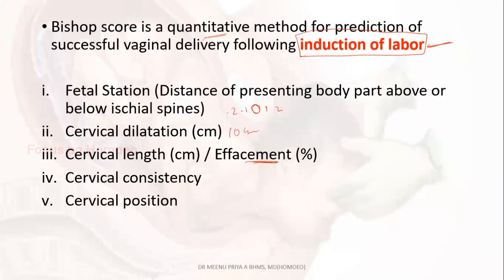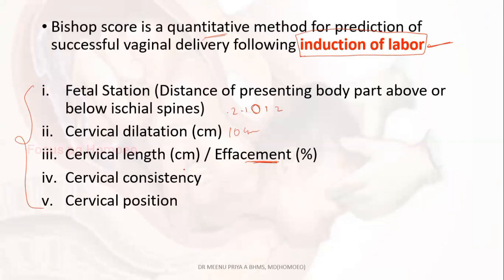There are a few questions which are asked till now. Two scores are important in obstetrics, Apgar and Bishop. Apgar is asked as a calculation, where the question is formed as calculate the Apgar score, whereas in Bishop score, it is the criteria. What are the criteria in the Bishop score? It can be none of the above or any of the above, or which is not a criterion in the Bishop score.